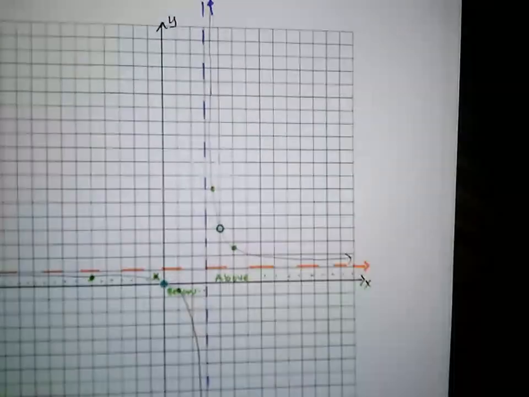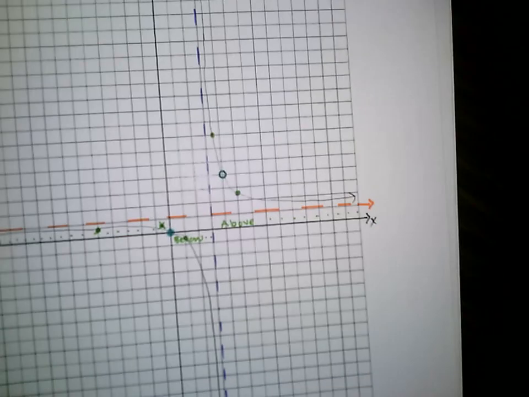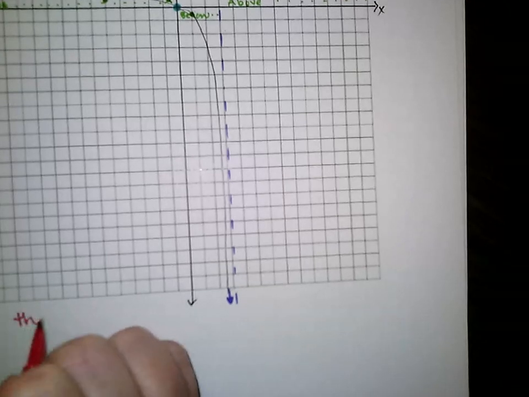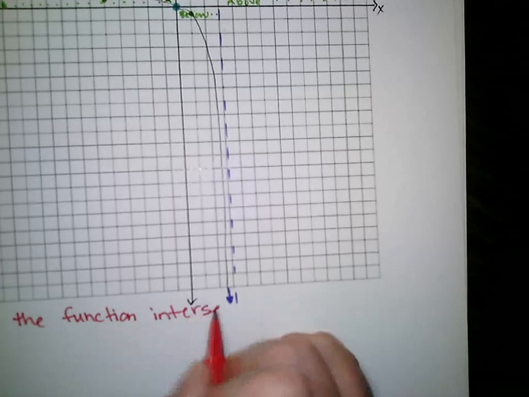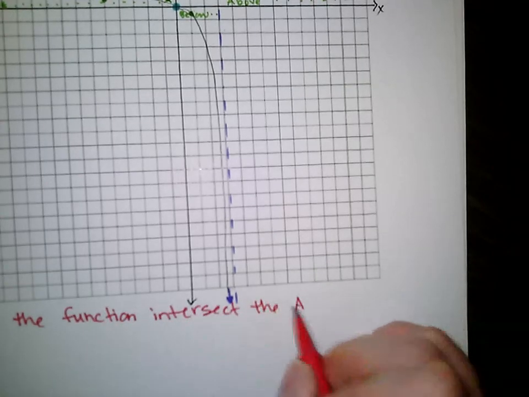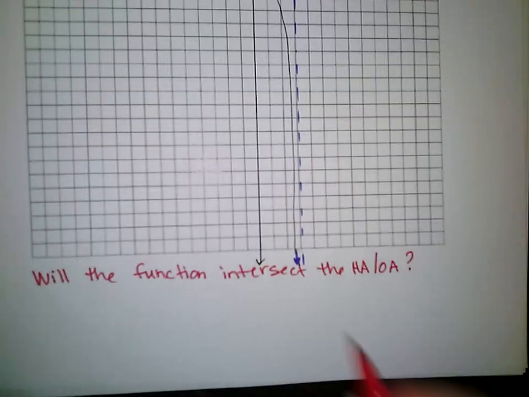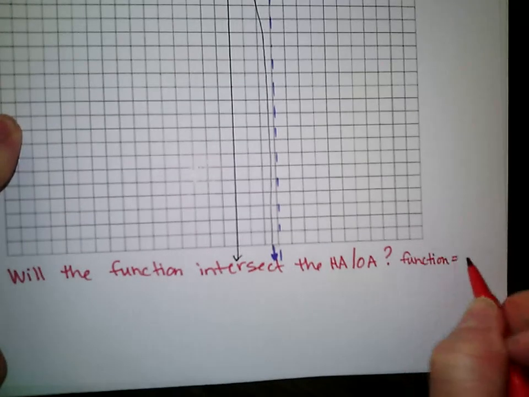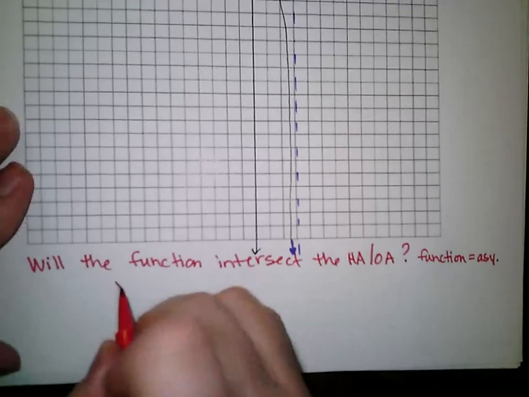Now I can figure out if my function ever crosses the horizontal asymptote. So let's look at that now that I have it drawn and see if I did okay. So will the function intersect the horizontal or oblique asymptote? So what we do for that is we set the function equal to the asymptote and see if it solves. So our function was x over x minus 3.